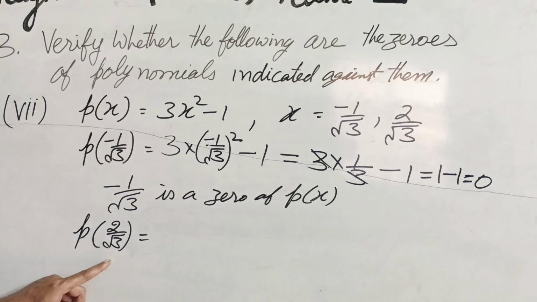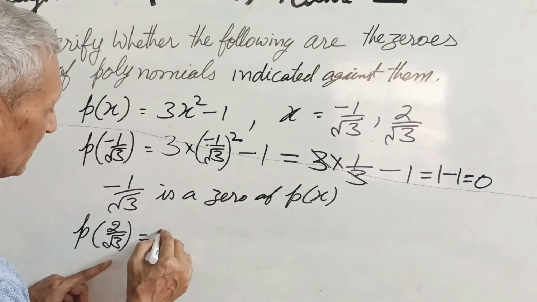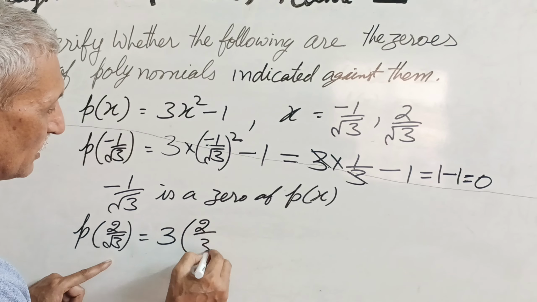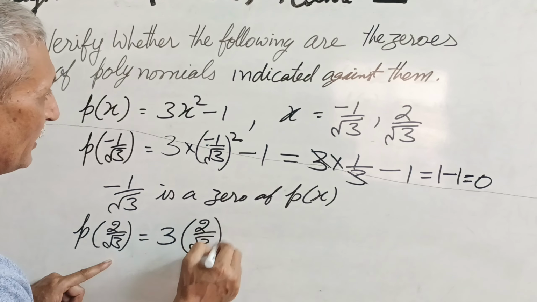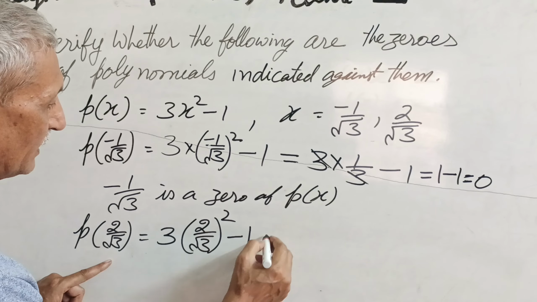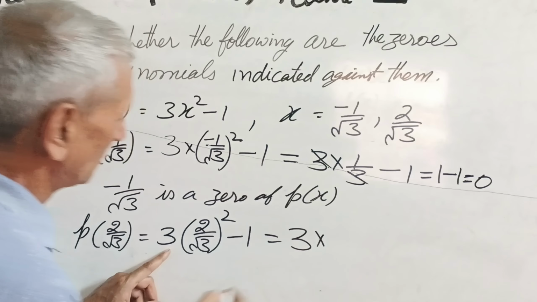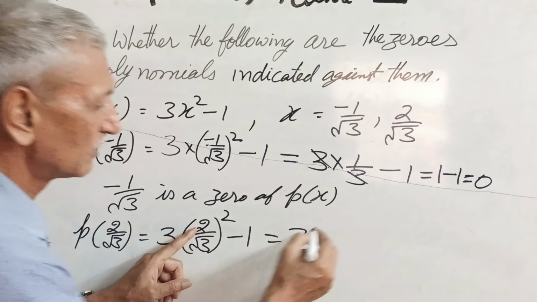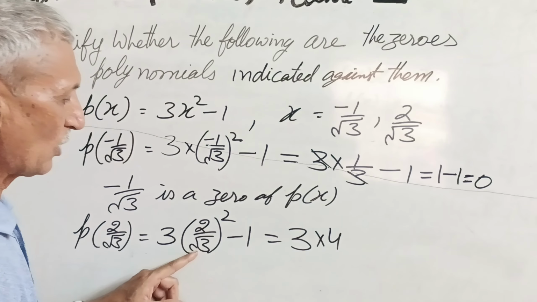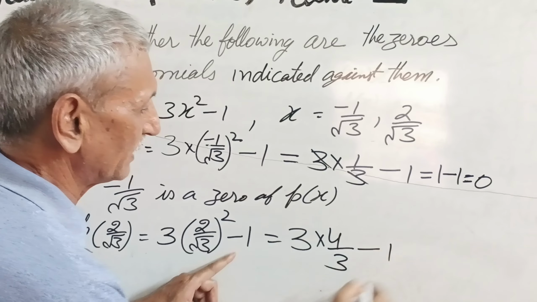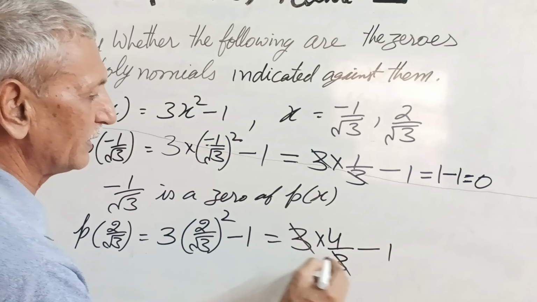Let's put this value instead of x. So this will give you 3 into (2 upon root 3) whole square minus 1. That should give you 3 into square of 2 is 4 and square of root 3 is 3, minus 1. 3 cancels 3.